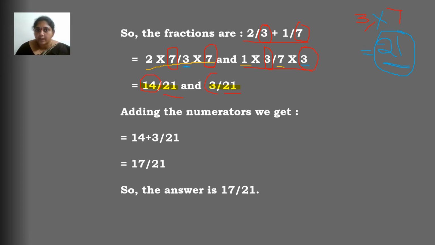Now add both the numbers. 14 plus 15, the same denominator will be followed, that is 21. 14 plus 15 it is 29 divided by 21. So our final answer is 29 by 21. For adding unlike fractions, we have to convert first into like fractions, then we have to add the fractions.